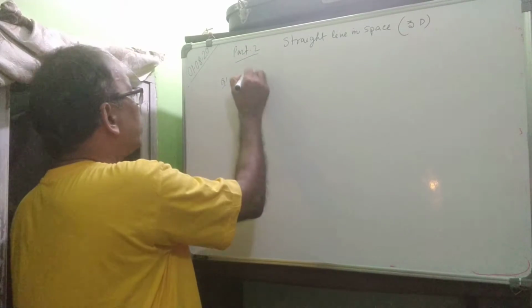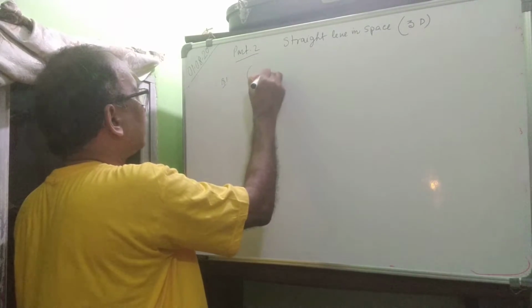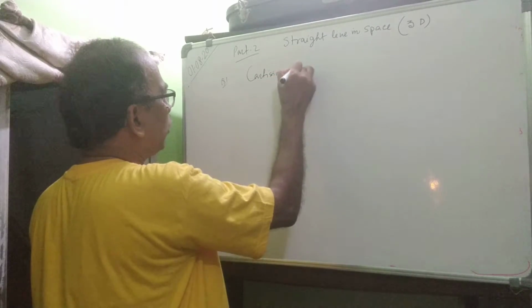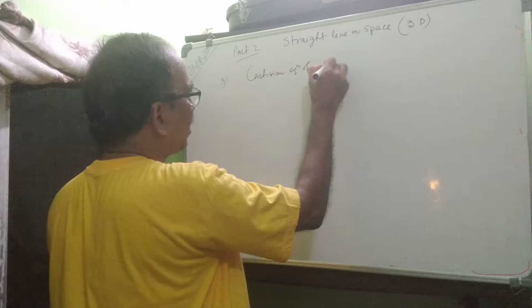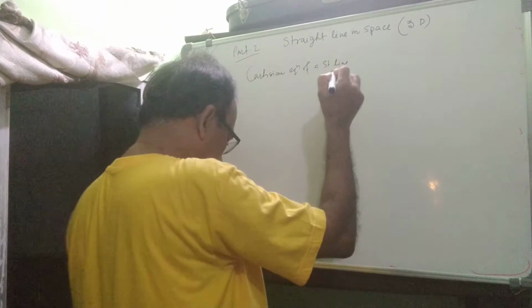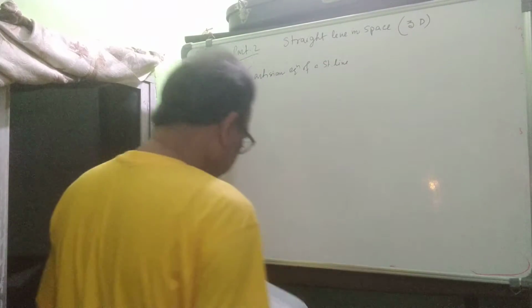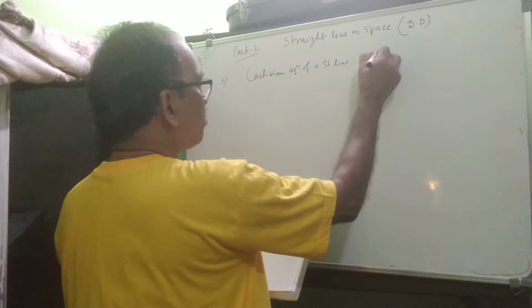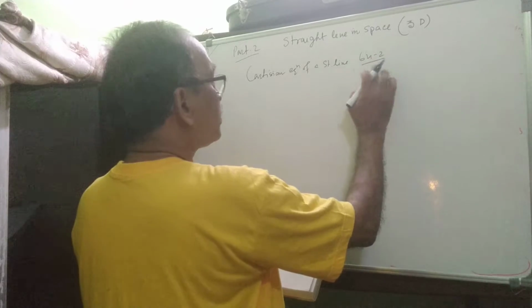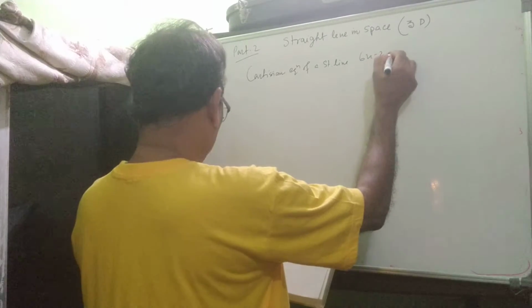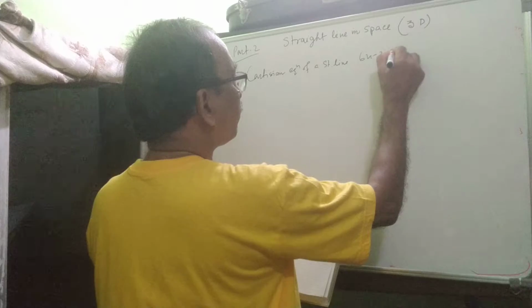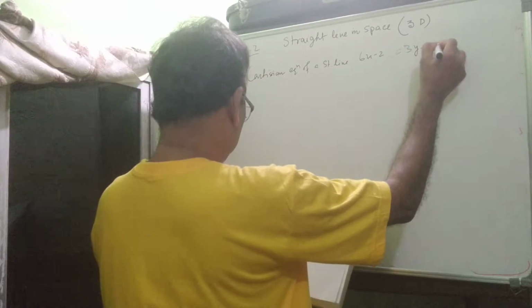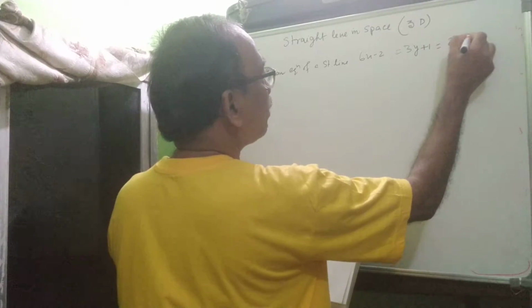The Cartesian equation of a straight line is 6x minus 2 equals 3y plus 1 equals 2z minus 2.